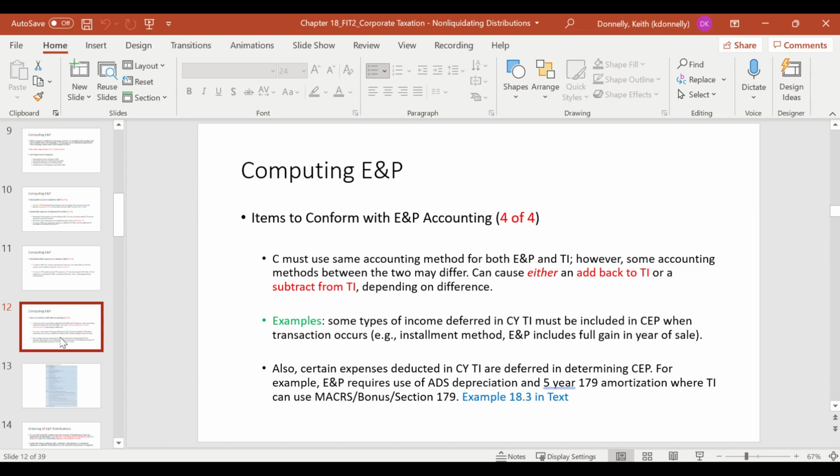However, for purposes of E&P, you have to use the alternative depreciation system, and for amortization, 5 years. So the idea here is there are different ways you have to depreciate it for E&P than how you would depreciate it under your tax return. And this can cause differences between the two.